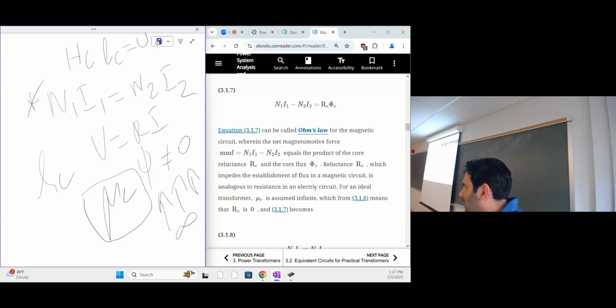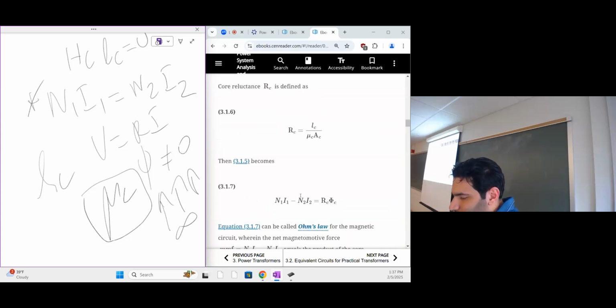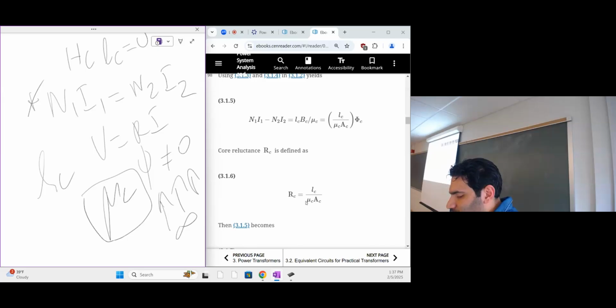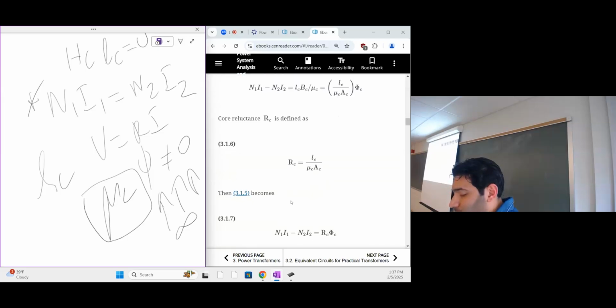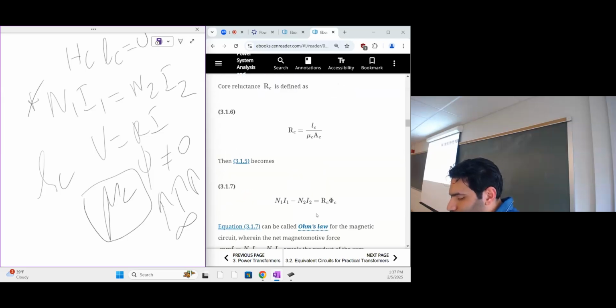I'm trying to give those examples so that people would understand the difference. For an ideal transformer, this mu should be assumed infinite, which means RC is 0, definitely. If this is a very large value, this RC would be 0. And here we put RC as 0, then we have N1I1 equal to N2I2.